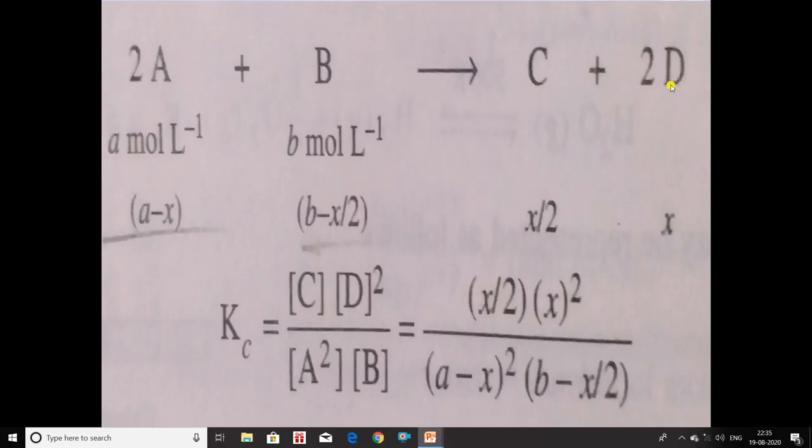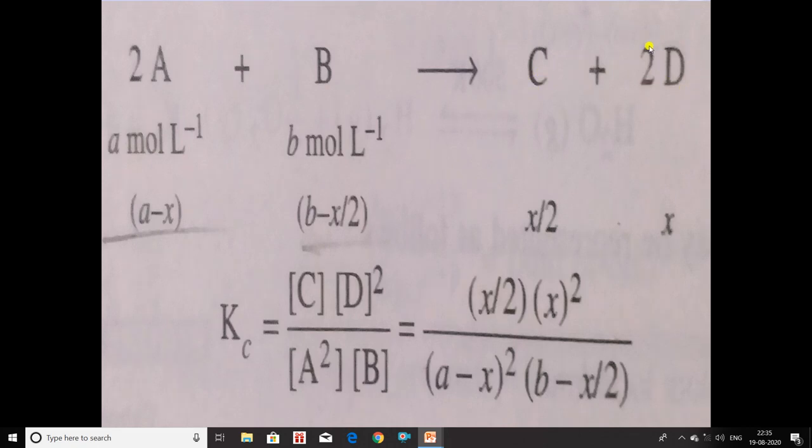The first step is to assume the concentrations of C and D. In the previous example, the number of moles of all the species was equal to 1, but here this is not so. Here the number of moles of C is equal to 1 and of D is 2. So how will you solve this type of question?